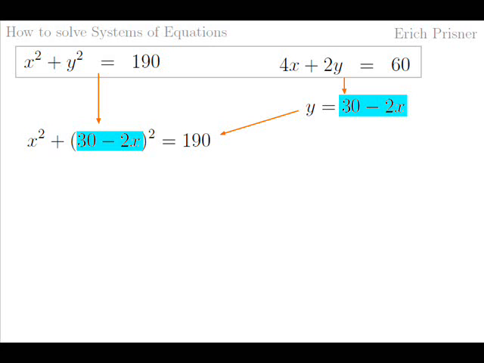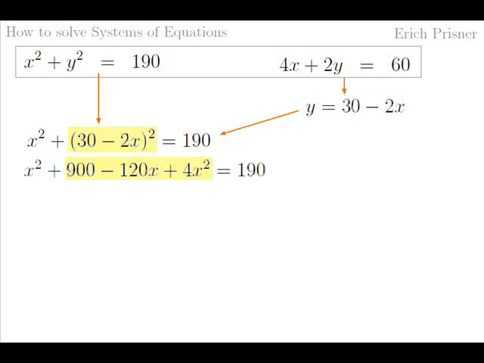We multiply the expression in the middle, foiling it or using a binomial formula, and we get x squared plus 900, the square of 30, minus 120x, which is 2 times 30 times negative 2x, plus 4x squared, which is the square of negative 2x, equals 190. Then we subtract 190 on both sides and collect the like terms x squared and 4x squared and get 5x squared minus 120x plus 710 equals 0.